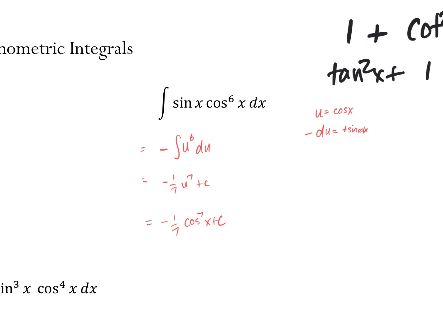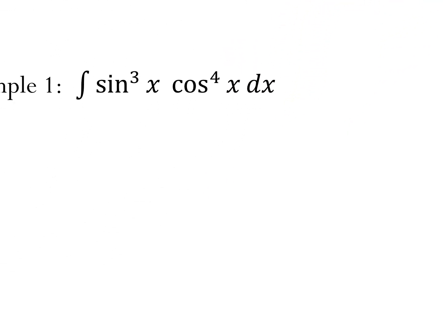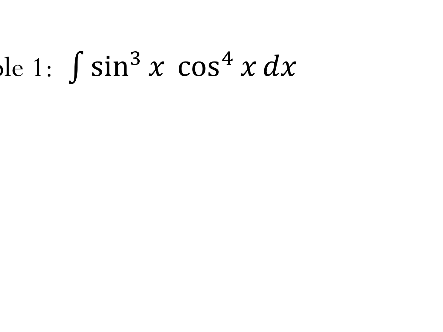Now, where this starts to get a little bit less pleasant is which one I make my u here. Now they're both raised to a power, right? The first one feels like a Calc 1 question.